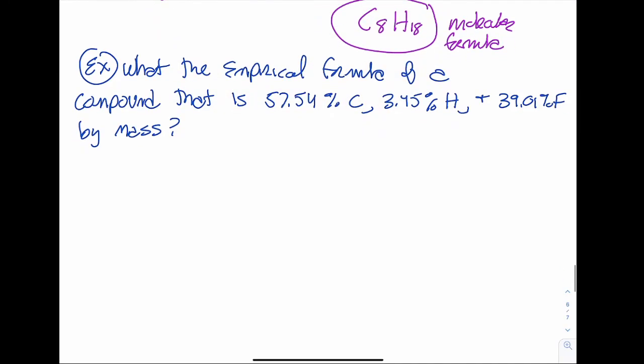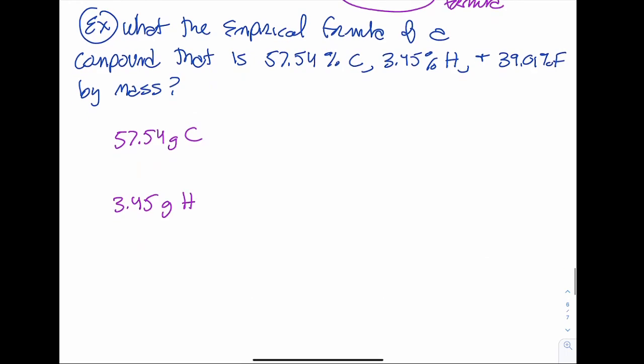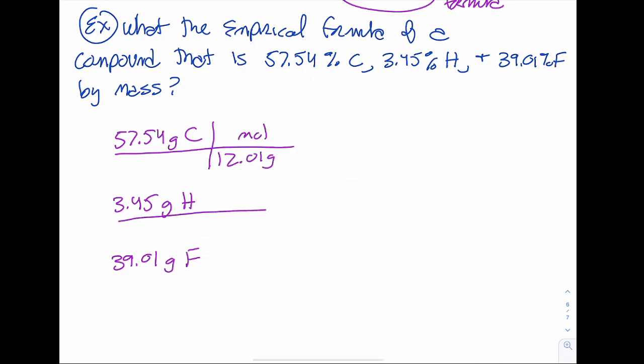So I have 57.54 grams of carbon, right? I'm going to assume that 100 gram sample. I'm going to leave a little space because I'm just going to convert to moles right under it. 3.45 grams of hydrogen and 39.01 grams of fluorine. Divide by the molar mass to convert between grams and moles.